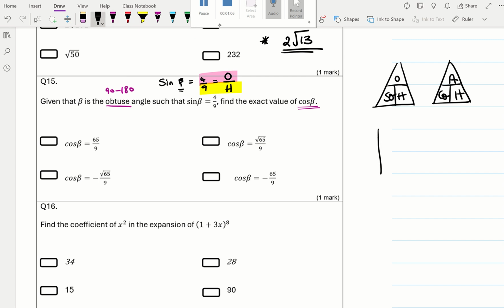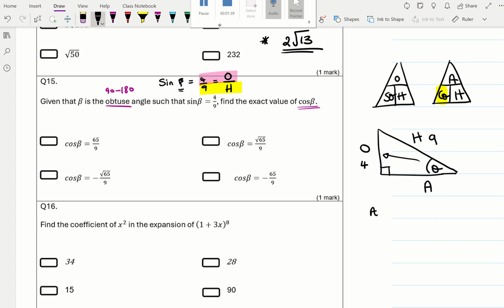If I were you, I would draw a right angle triangle, put theta anywhere you want. I tend to put it at the bottom, and then I label this is the opposite, this is 4, this is the hypotenuse, this is 9, and this is the adjacent. What I need to find is the adjacent, because I'm asked to find cos beta, and cos is adjacent over hypotenuse, so your step 1 is to find the adjacent.